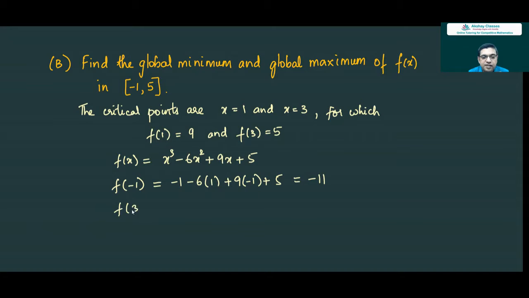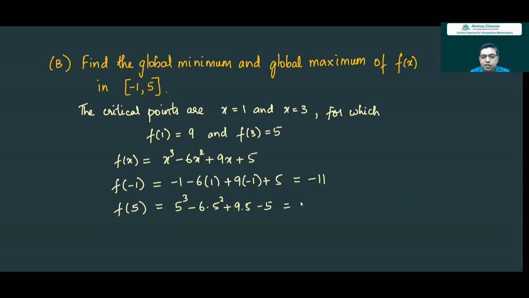What is f of 3? f of 3 is already a critical point. The next is the rightmost boundary, f of 5. So 5 cubed minus 6 into 5 squared plus 9 into 5 plus 5.